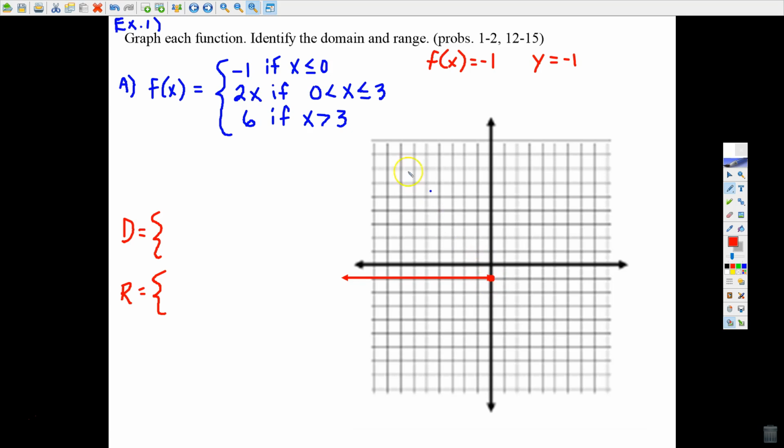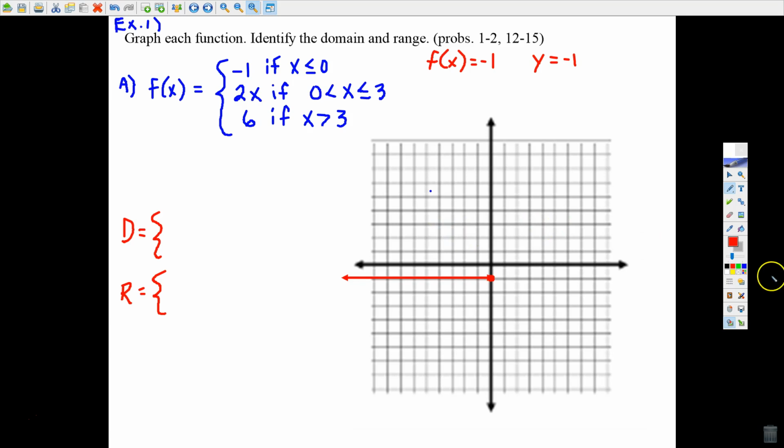So we include 0 because it says or equal to, and then we show all the numbers less than 0. So now my line fits with the way the domain is stated in the function. Now I'm only showing x coordinates that represent numbers that are 0 or negative.